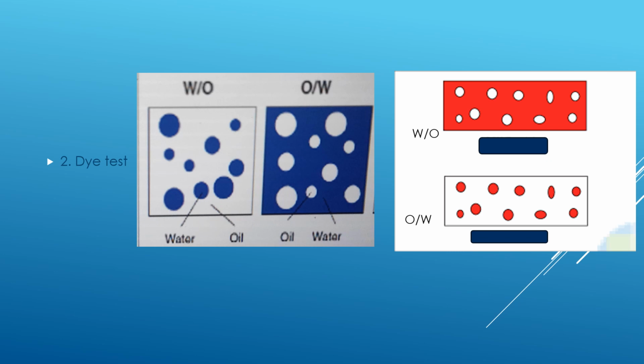If the background appears red colored, you can say that it is water in oil type, because oil is the continuous phase and gets mixed with the scarlet red dye, which is oil soluble. And if red colored globules are seen in a colorless background, you can say that it is oil in water type.